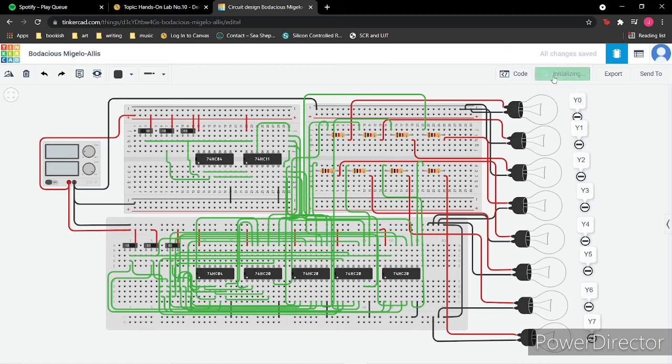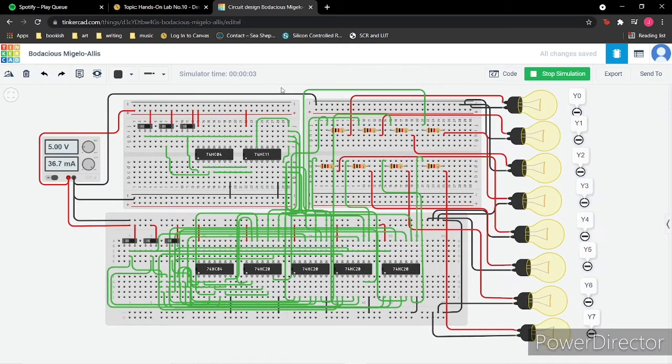And if we try to simulate, if all enable outputs are low, all outputs should be high. If we try E2 and E1, it will not affect the output. But let's try E3 high, so Y0 is now low.